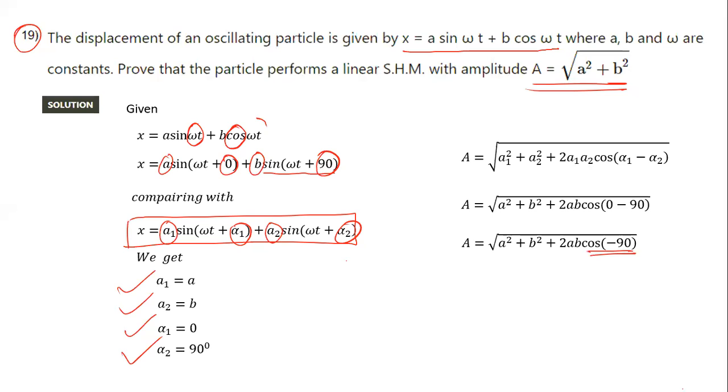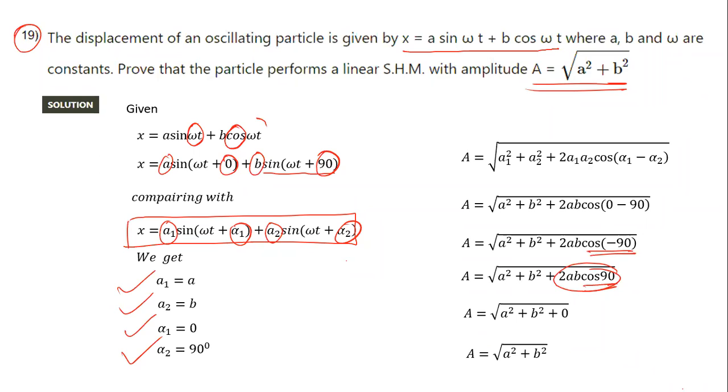Cos minus 90 is similar to cos plus 90. Now cos 90 is 0, so this term gets cancelled, 0 into 2ab is 0. So we get under root a square plus b square. And this is what we had to prove here. Hence proved.